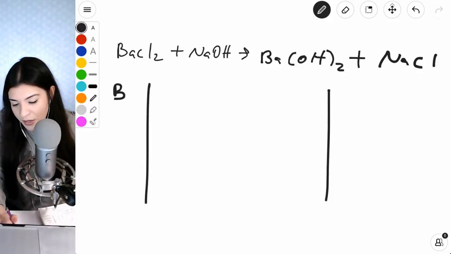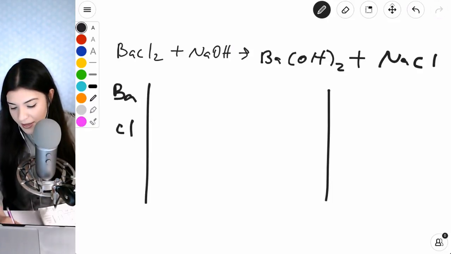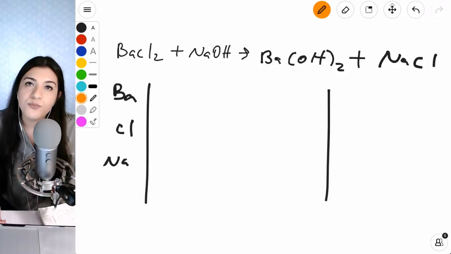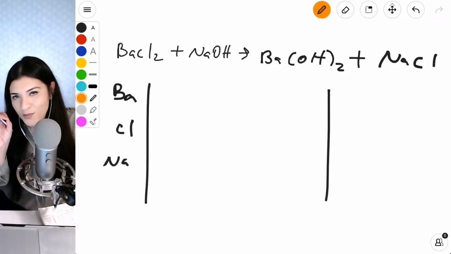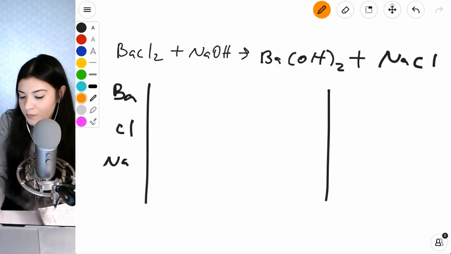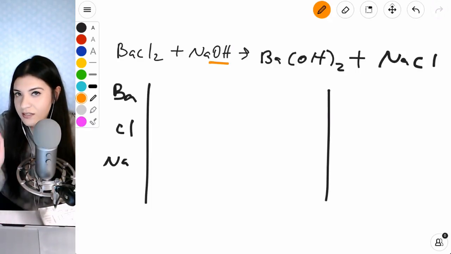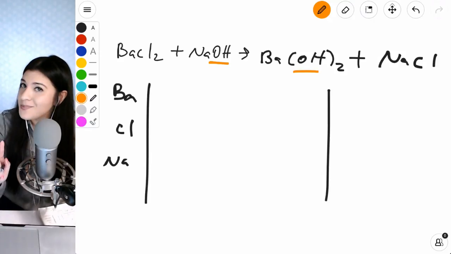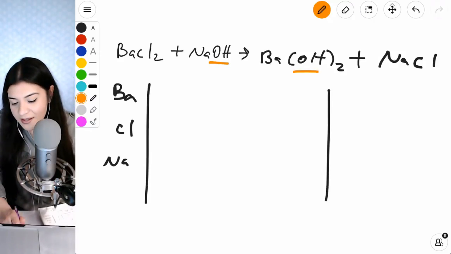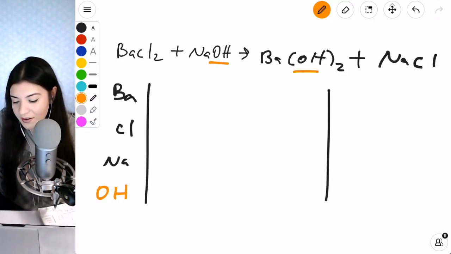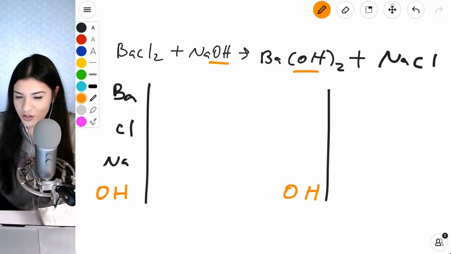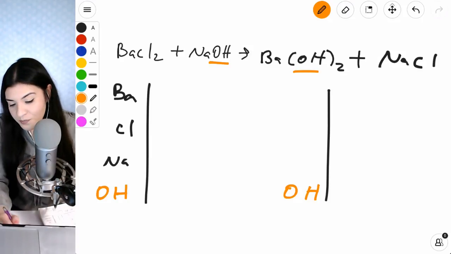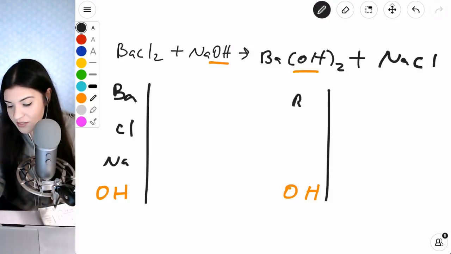So I'll see that there's Ba or barium, and then chlorine, Na, and then now for any polyatomic ion, I want to keep those intact. It's going to be so much easier to just leave them together. So this OH, since it's the same on both sides, and it has to be that case to keep them intact, I'm going to leave that, and I'm not going to separate it to be like oxygen and hydrogen on its own. I'm going to leave them as hydroxide, and then mirror everything else.